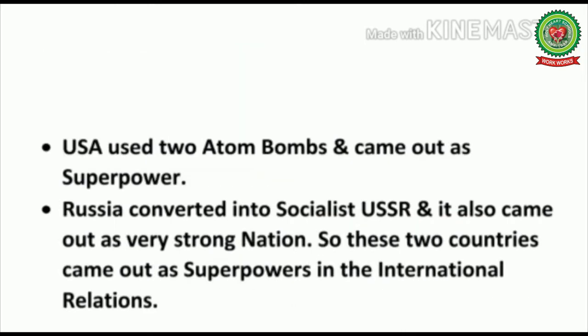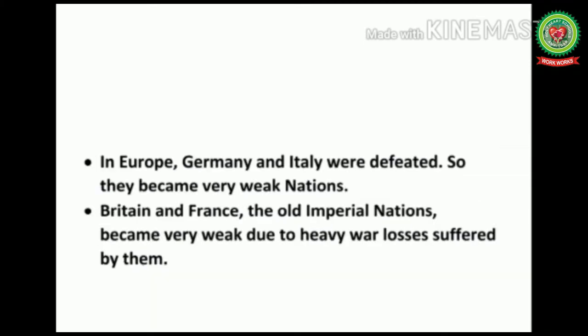As I already told you, the USA used 2 atom bombs and came out as a superpower, and Russia converted into the socialist USSR, and it also came out as a very strong nation after the Second World War. So these two countries came out as superpowers in international relations.